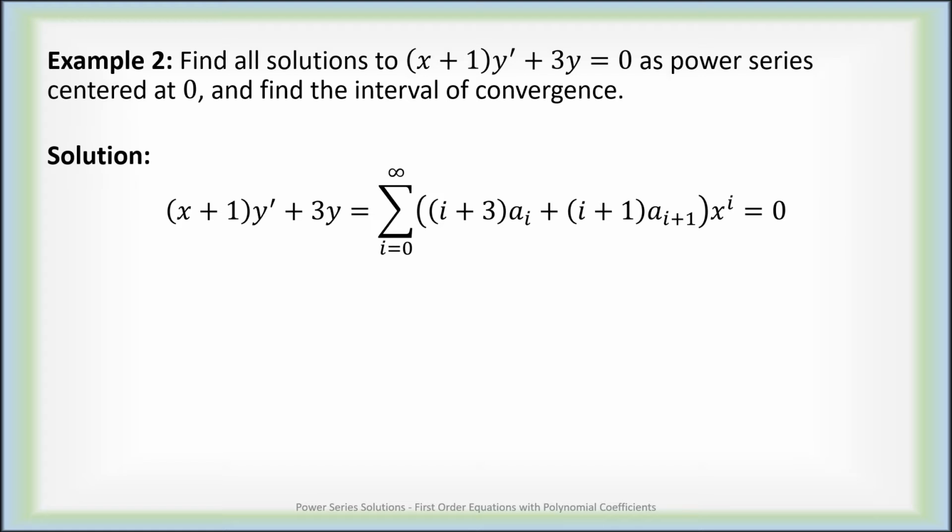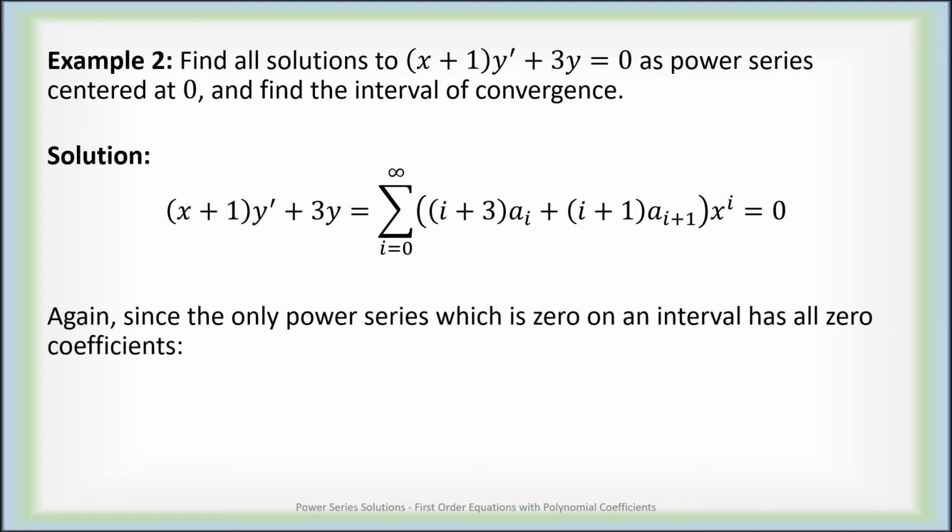However, in this problem, (x+1)y prime plus 3y is 0, so this power series is 0. The only power series that is 0 on an entire interval has all 0 coefficients, and since we centered the power series at an ordinary point, we know that it has a positive radius of convergence. So if it's converging on an interval to 0, every coefficient must be 0.